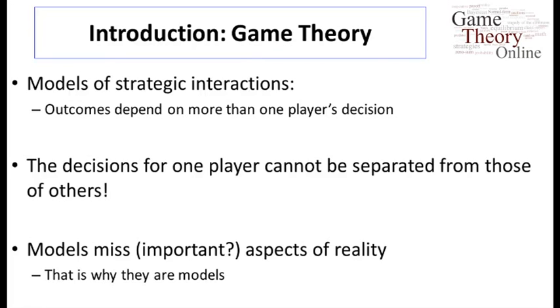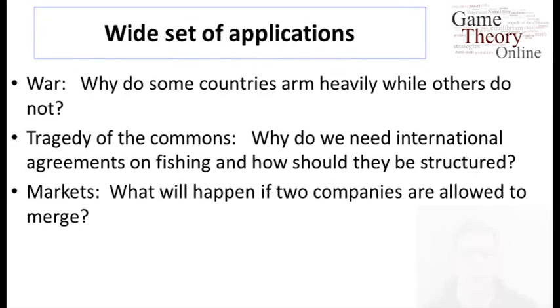Of course that means that you're going to miss some important aspects of reality, but hopefully a lot of the analysis we'll do will be well suited for capturing some basic insights, and hopefully in some cases the essential insights of strategic interaction.